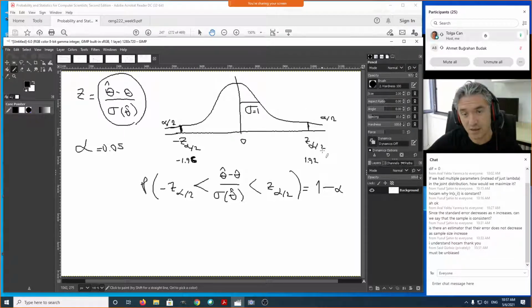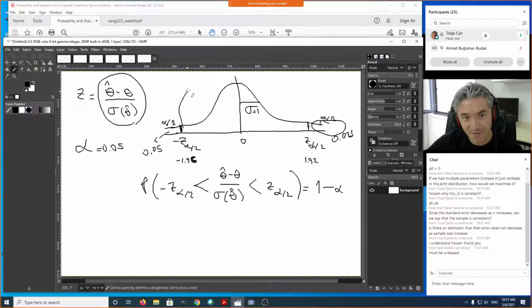If alpha is 0.05, the area under the curve on the right-hand side is 0.025, and the area on the left-hand side is 0.025.